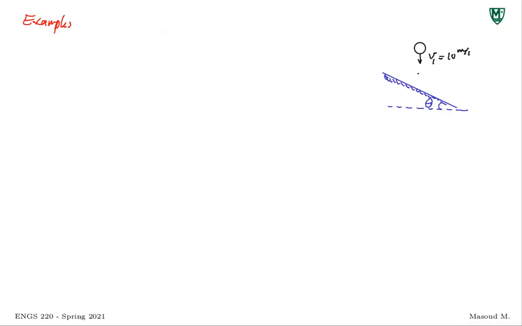It hits this surface, it comes here, it hits the surface right there, and then it bounces back. Not back pretty much, it bounces in this direction. And this angle is alpha.